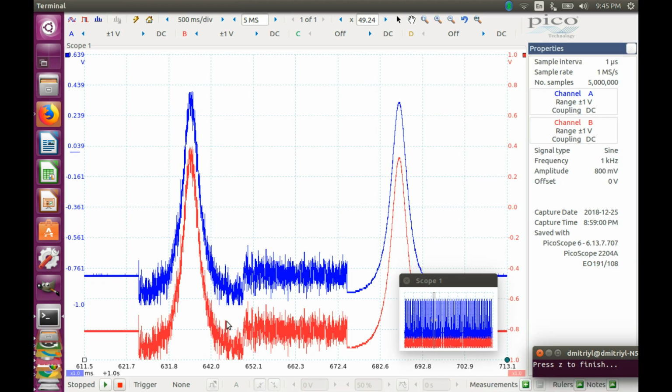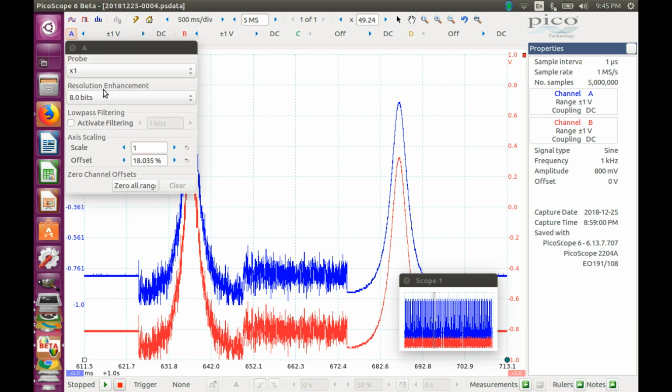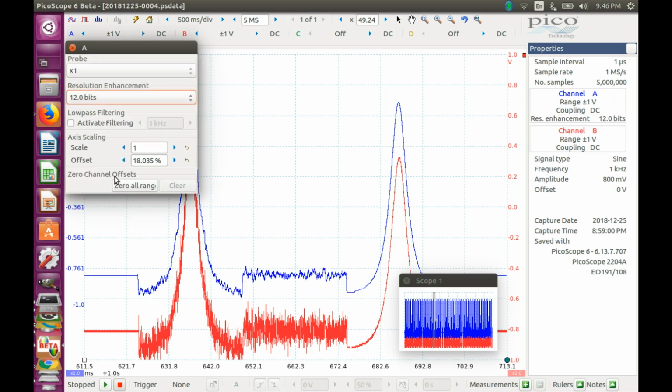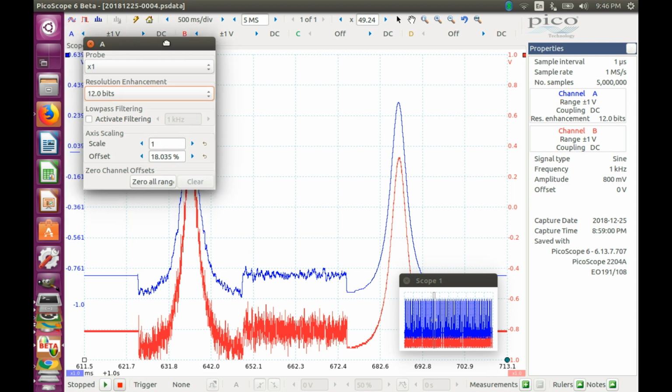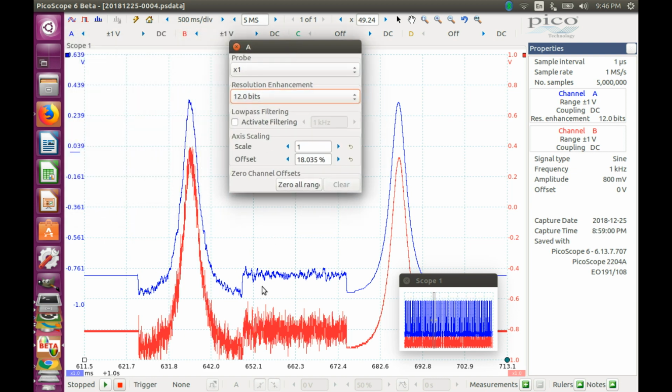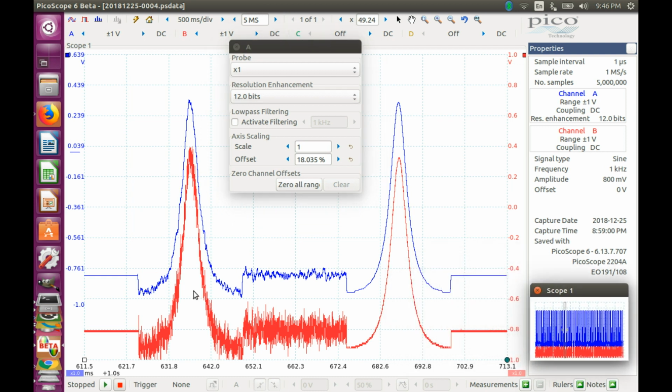The waveforms are currently identical on both channels, but let's go ahead and apply enhanced bit resolution to channel A. If we do that, we get a much less noisy waveform on the left, and the waveform that had no noise is almost unchanged.